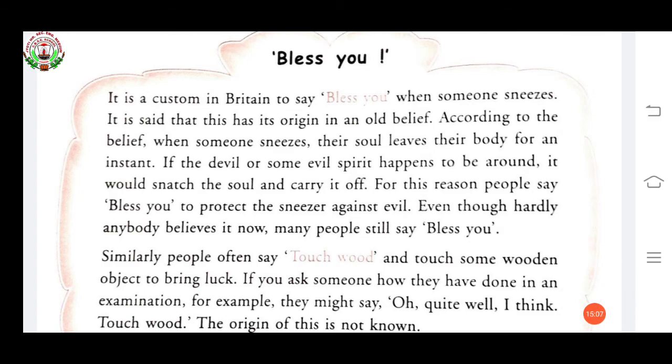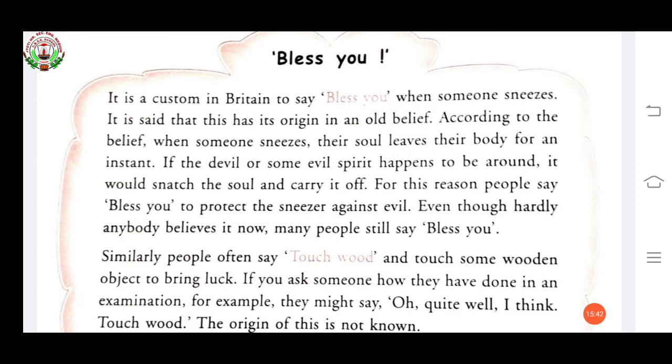Bless you. It is a custom in Britain to say bless you when someone sneezes. It is said that this has its origin in an old belief. According to the belief, when someone sneezes, their soul leaves their body for an instant. If the devil or some evil spirit happens to be around, it would snatch the soul and carry it off. For this reason, people say bless you, to protect the sneezer against evil.